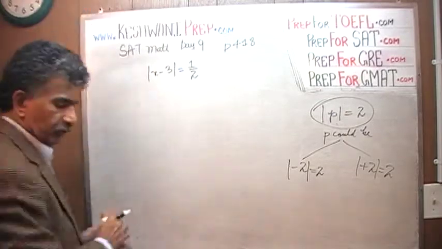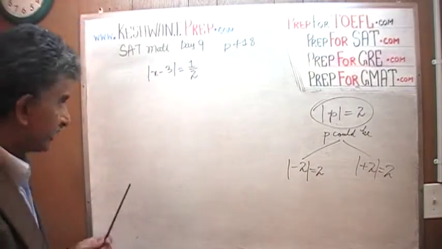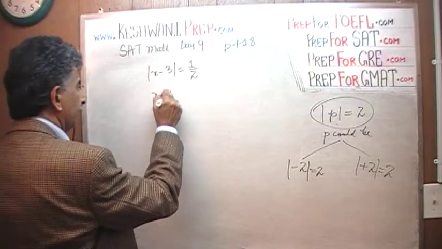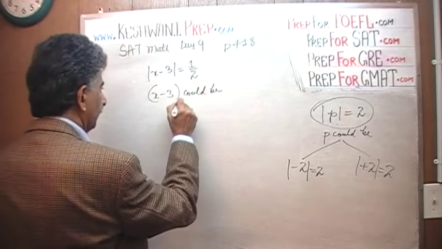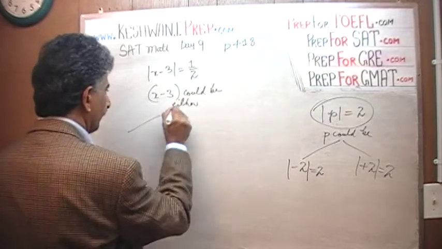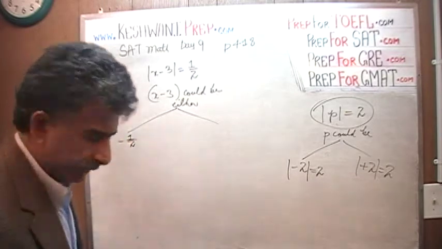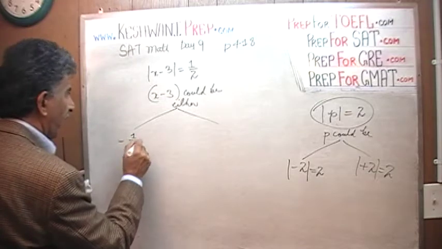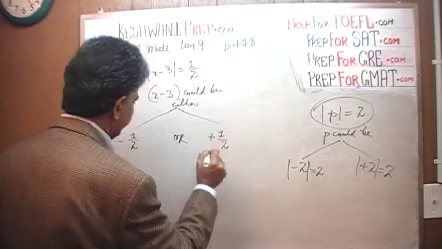The exact same thing is going to apply here. We are told that the absolute value of x minus 3 is half, which tells us that x minus 3 could be either -half or +half.